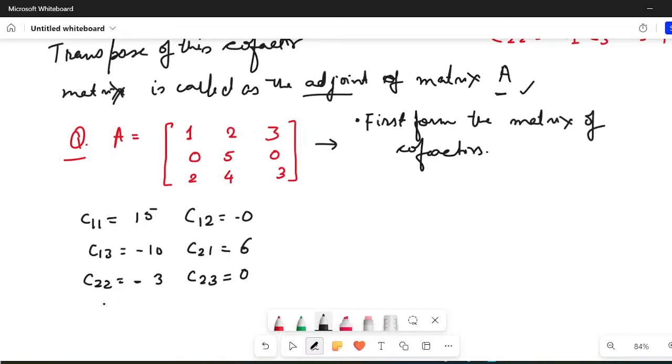And if I want to find C31, I'm not giving you many questions. A student is asking whether this topic comes in the exam. The answer to this question is no. Now why am I doing this? Once you are doing matrix theory, you should know each and everything. I'm not going to solve many questions on the adjoint; I'm going to solve many questions on eigenvalues and eigenvectors.